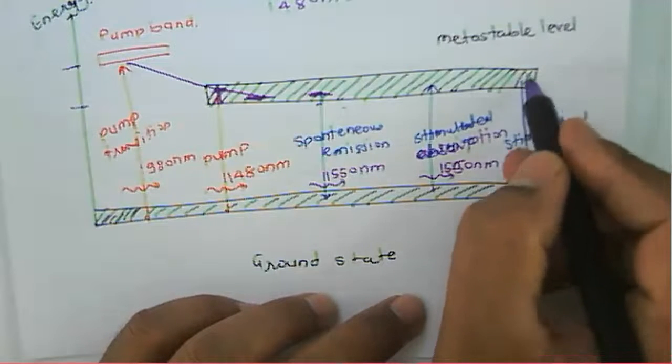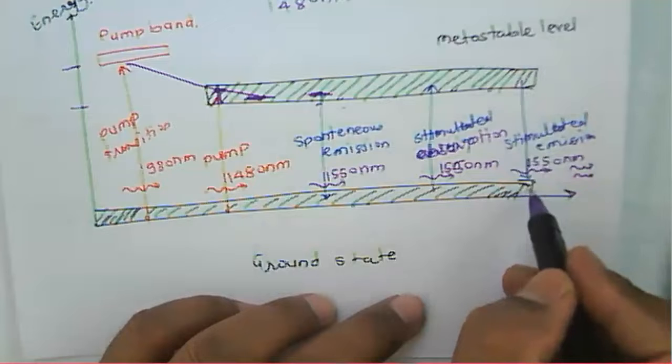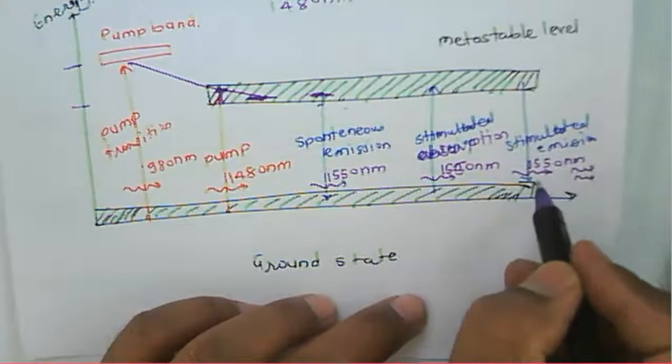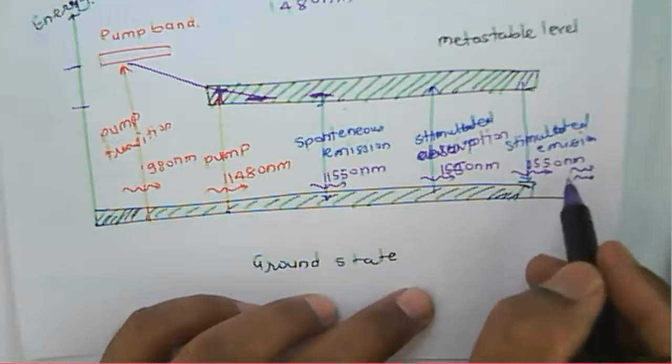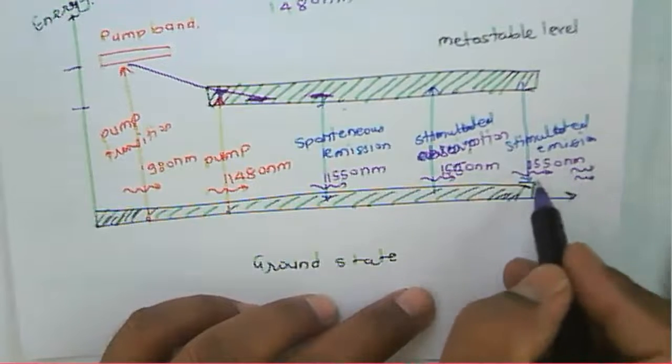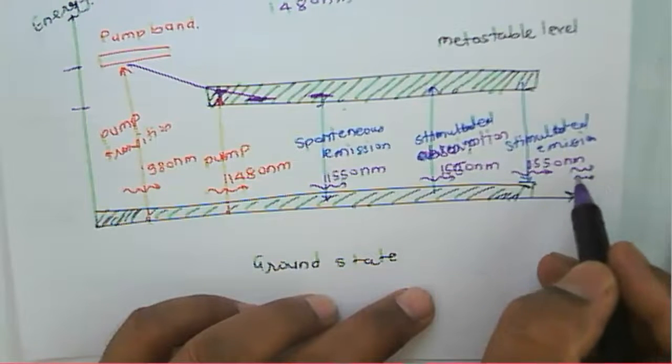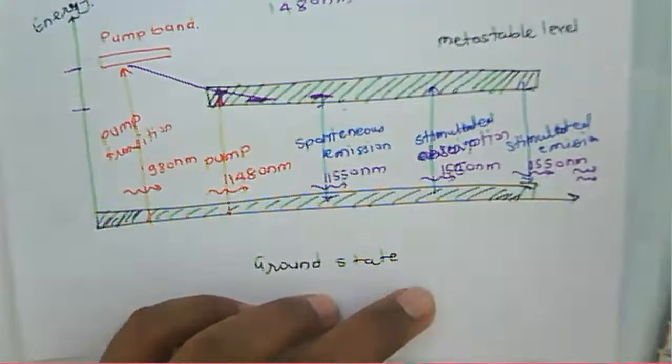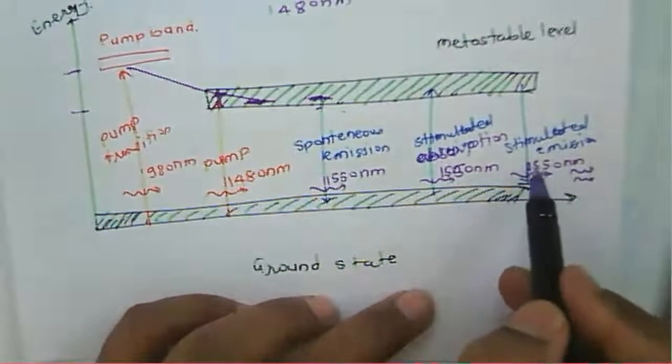Because of dropping down from this higher energy state to the lower energy state, it will generate a new photon of the same energy. So that is why the amplification takes place.